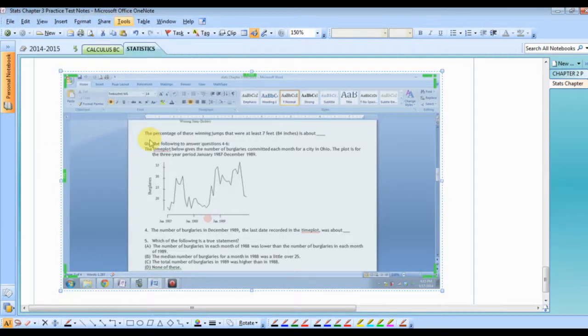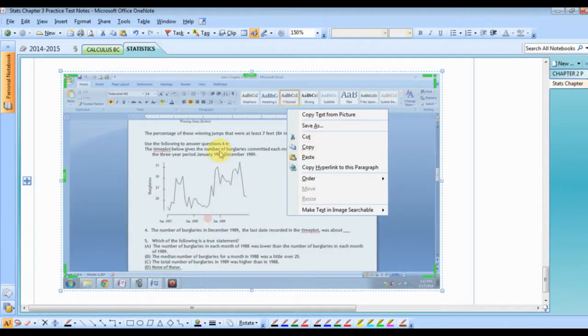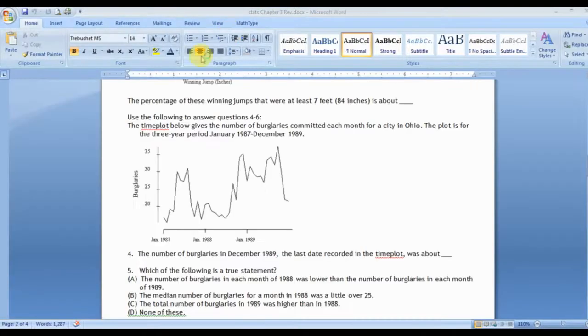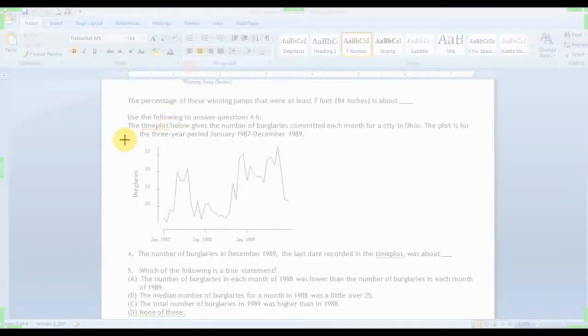Why don't you just take a picture of that one part, just of the graph? There we go. We're going to use this screen clip thing.